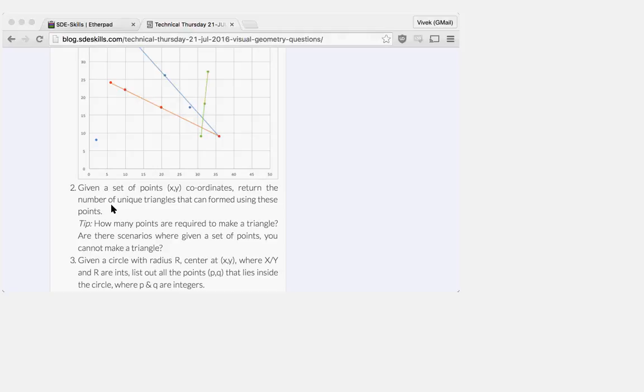Using algorithm 1, you have figured out sets of collinear points. If you look at the first set, let's say it has 20 elements, then there are 20 C3 combinations you can select, which are unviable triangles from the first set.